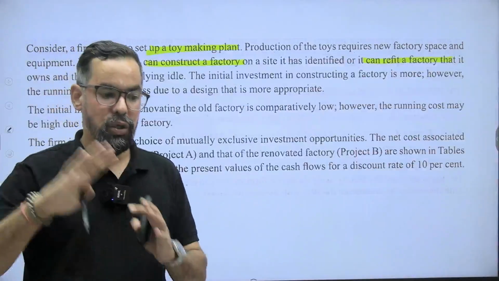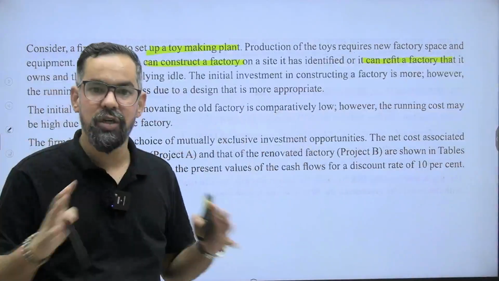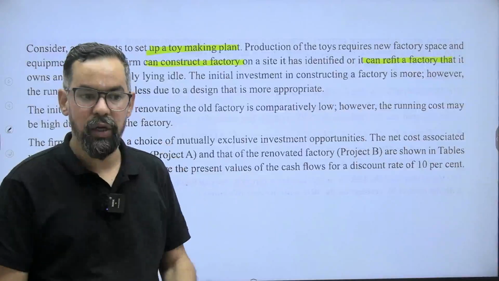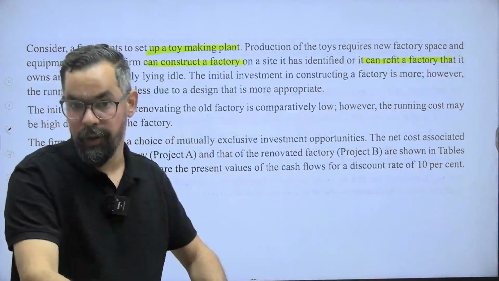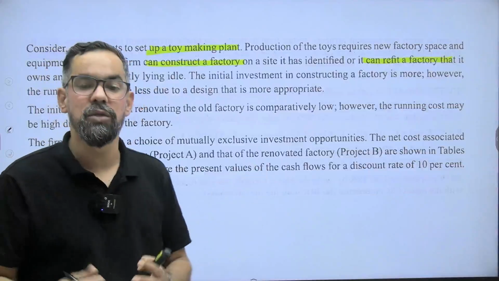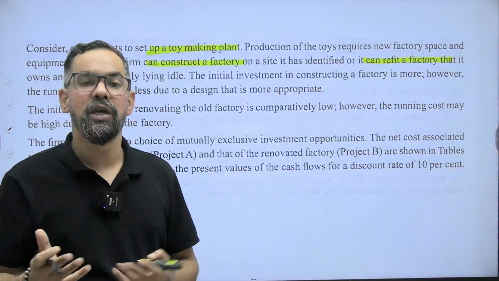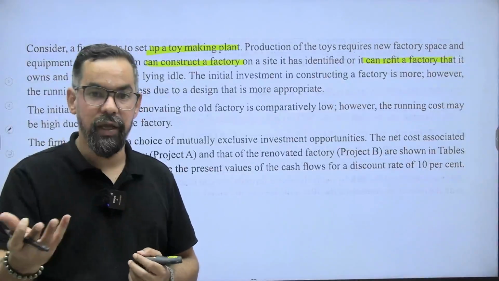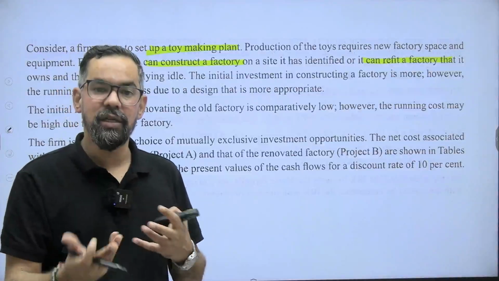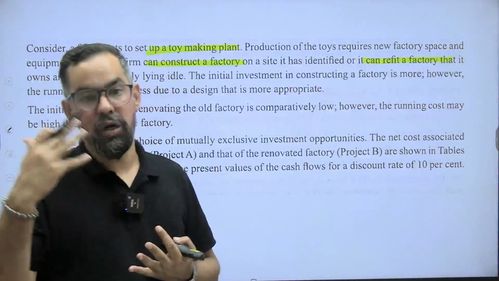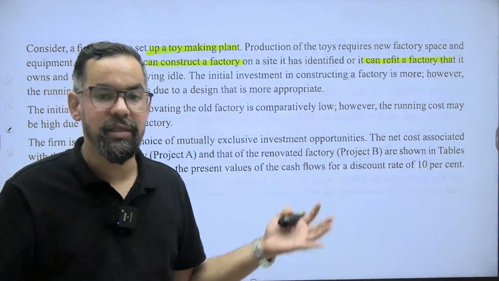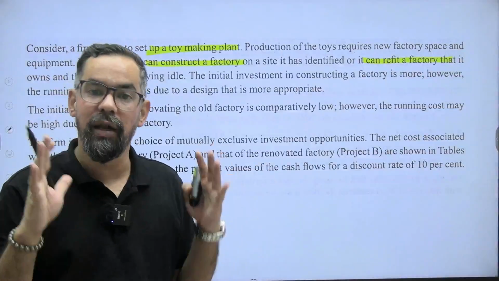One is to build a new construction site or develop a new factory, or they already have one space to renovate. Okay? So when it comes to the initial cost in the case of refitting or repairs, the initial cost will be low, but the operating cost will be high because the equipment we have there is old.